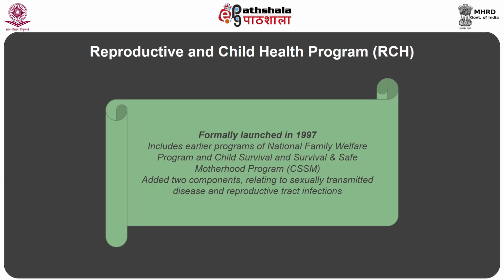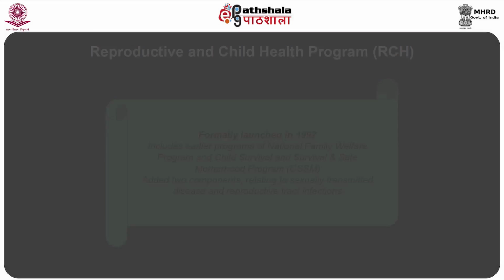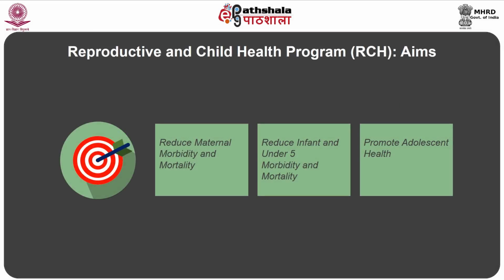This program was formally launched way back in 1997 on 15th October. The objectives of the RCH program were mainly to reduce maternal mortality and mortality in general, reduction of infant morbidity and mortality, reduction of under 5 morbidity and mortality, and promotion of adolescent health.